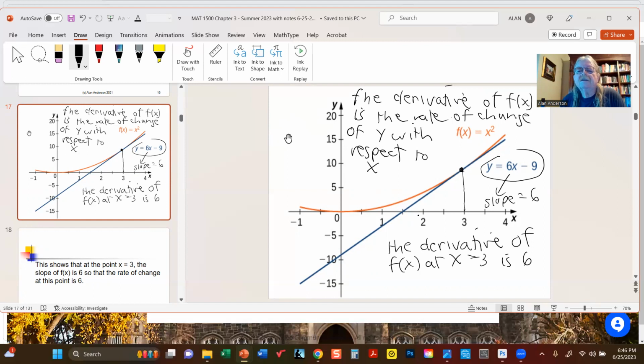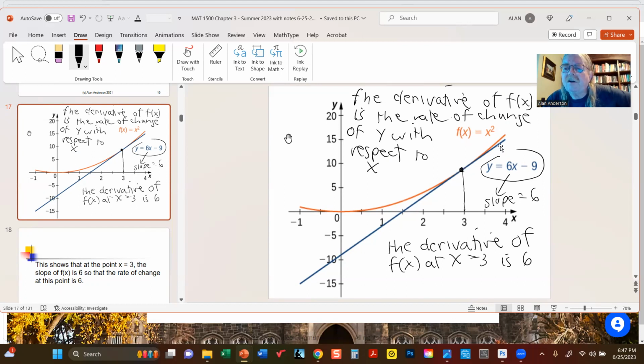Imagine that we're starting at 3 and x changes by an infinitesimal amount. What happens to y? That's what this is telling me. It means that whatever the infinitesimal change is in x, the change in y is 6 times that. Like imagine if it increases by 0.0000001 or something like that, then y will change by 6 times that. But only at this point.